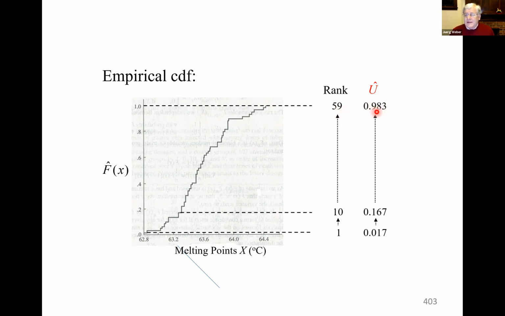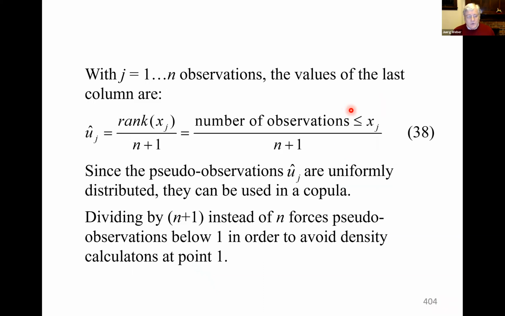Okay, that's not entirely correct here. What we actually do, we divide 59 by 60. We divide it by n plus 1. You see, the rank, we divide it by n plus 1. Usually, you divide by n when you do the empirical CDF. Now we do n plus 1 because we want to avoid that we get the number 1.